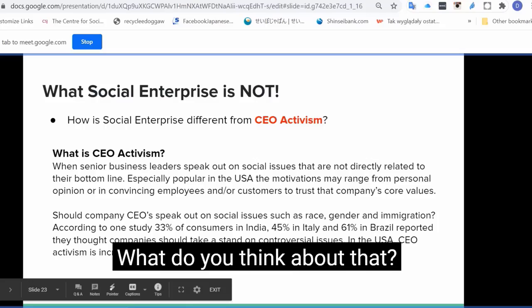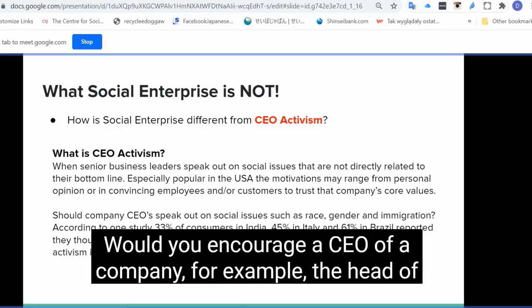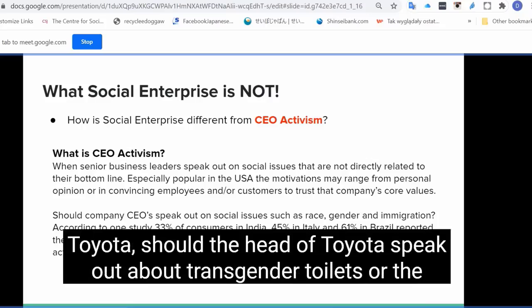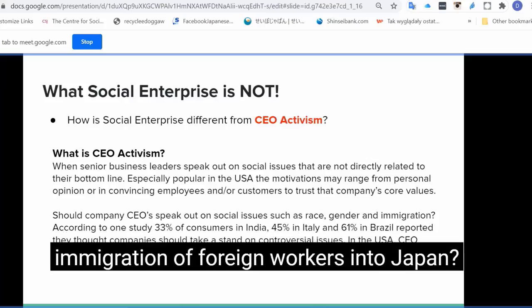What do you think about that? Would you encourage a CEO of a company, for example, the head of Toyota? Should the head of Toyota speak out about transgender toilets or the immigration of foreign workers into Japan?